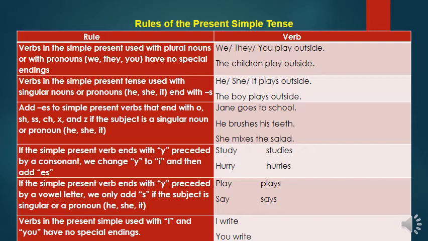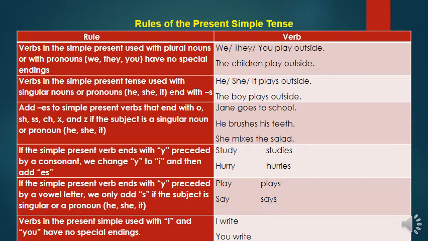So the first rule that you have to keep in mind is that when the simple present is used with plural nouns or pronouns, we do not add s to the verb. The second rule is that verbs in the simple present tense with the singular noun or pronoun, he, she, or it, usually end with s.